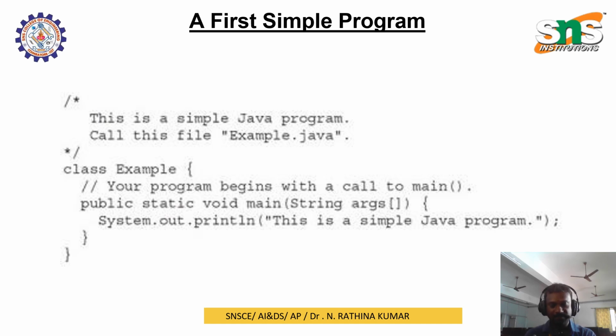All these functions are stored in a class called System, so we must include System in the beginning, followed by .out. Out is an object for that particular class. The println function is used to display the message on the screen. So these three lines are very important: the class followed by the class name, then the main function, then the output statement. This is a very simple Java program to display a message on the screen.